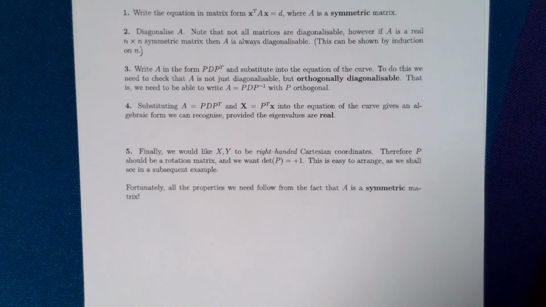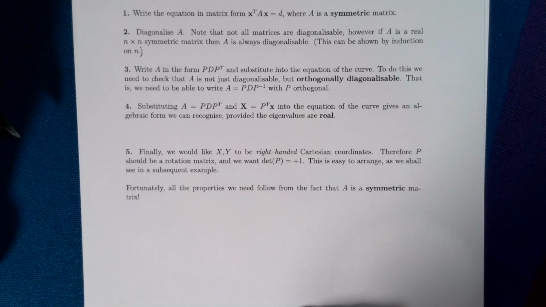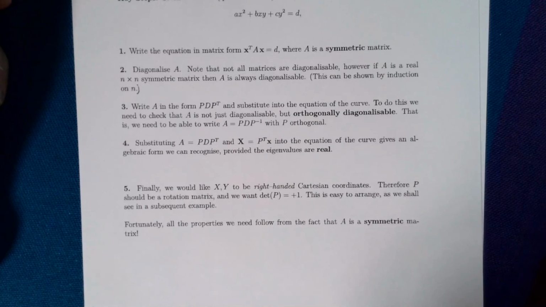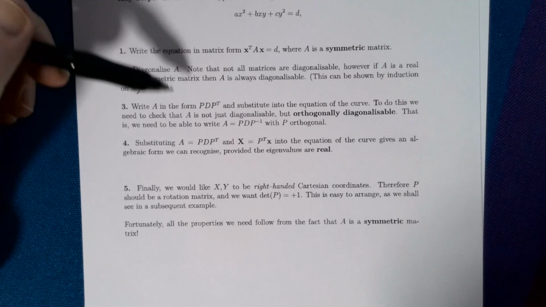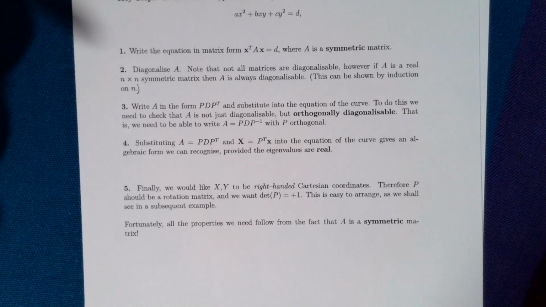And in the next recording I'll go through and list the properties of a real n by n symmetric matrix, and we'll see they're exactly the things that we want to be true. That is, if A is real and symmetric, it's always orthogonally diagonalisable, and the eigenvalues are always real. And we'll do that in the next recording.